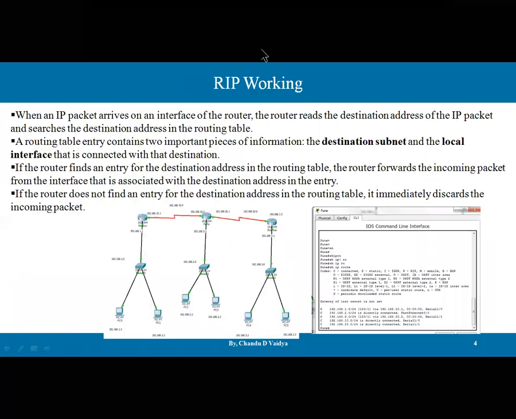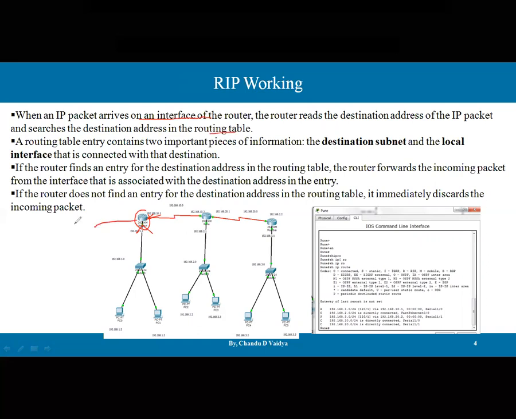Then let's look at the working of this RIP protocol. When an IP packet arrives at an interface of the router, here this is the serial interface, and this is the first interface, the router reads the destination address of the IP packet and searches for the destination address in the routing table.